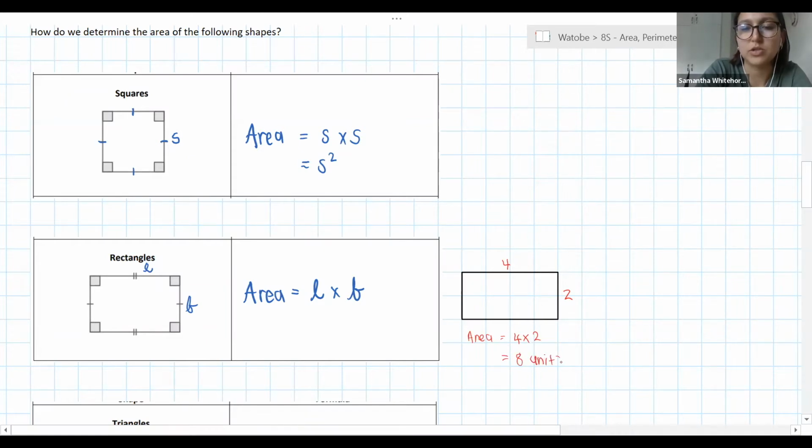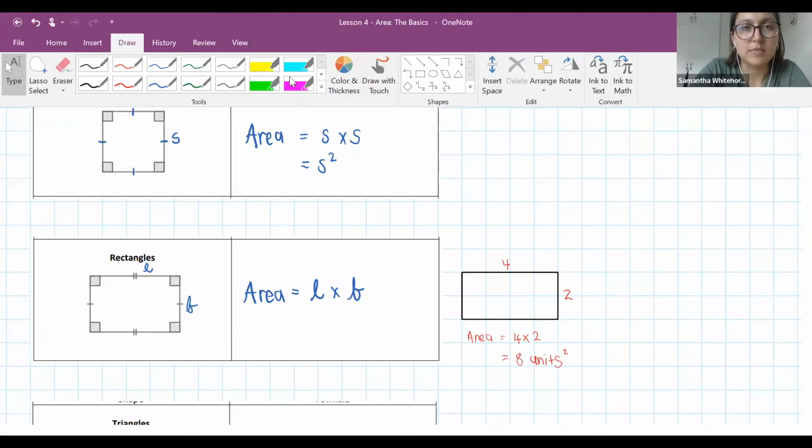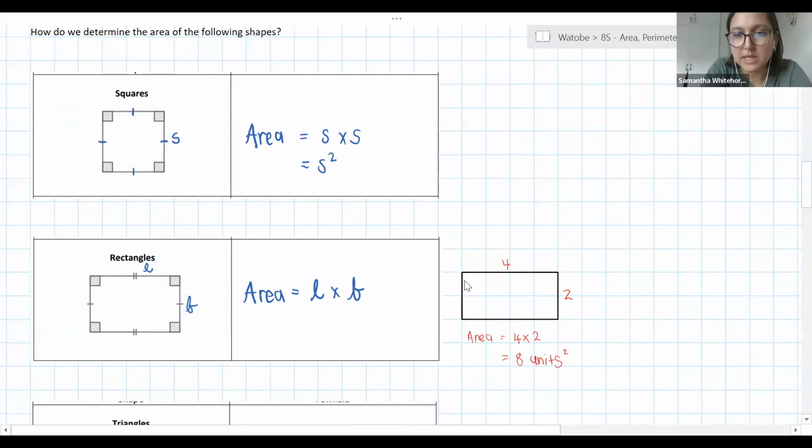We'll get to this unit squared thing in a second. But if I now go and actually look at my shape and say, okay, how much space is it taking up? I can see that if I color in the inside of the shape, in total, it occupies 8 blocks, which corresponds to my area of 8 units. And so this is this concept of area.